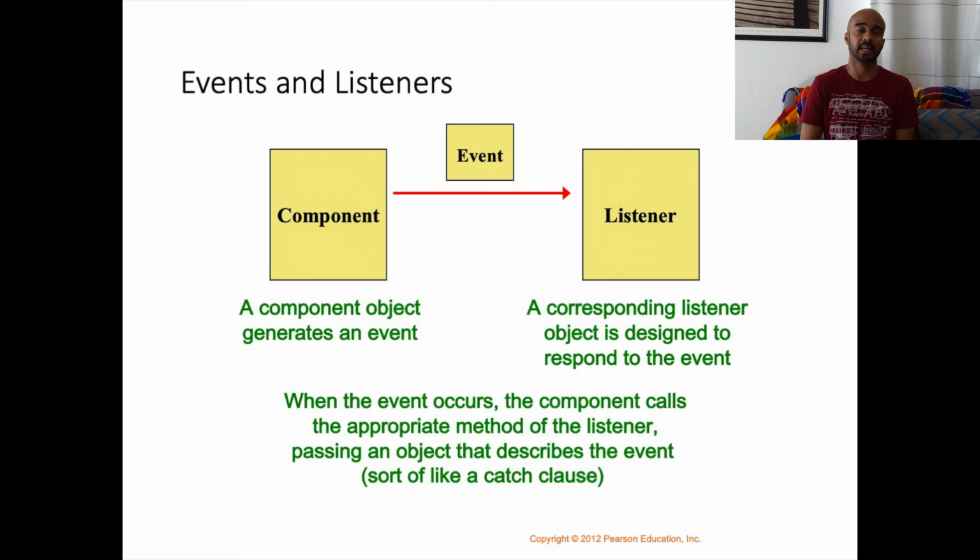So this diagram basically explores what I've been saying. You have a component, and components all have different events that can be triggered. You have button press, key press, and so on. So what we're saying here is that we create this component, place it onto a JPanel or JFrame, and whenever your user interacts with that object, it can set off an event, and then a listener can respond intelligently.